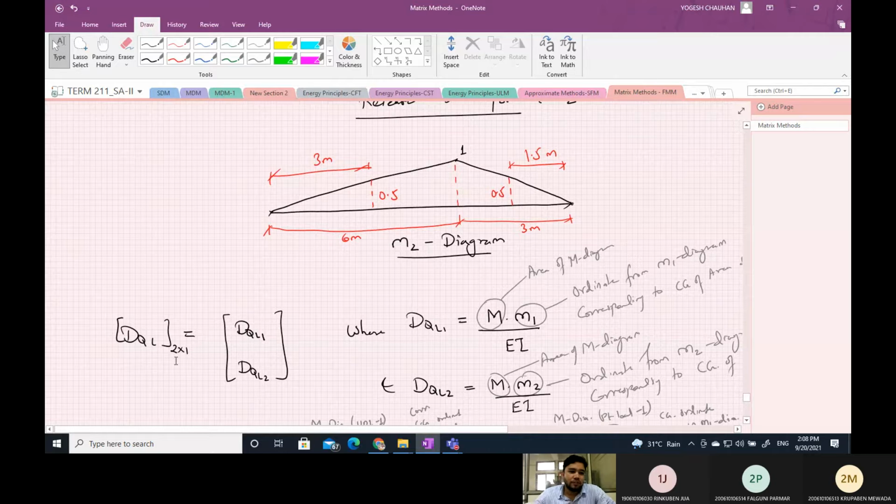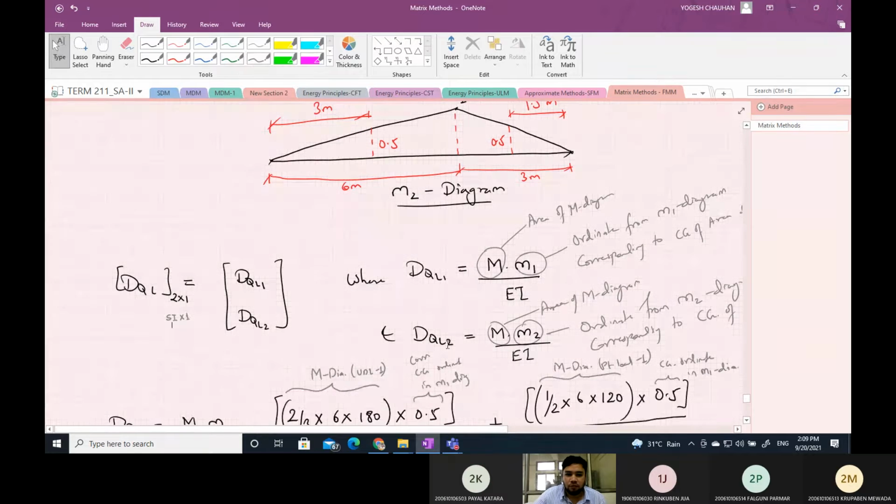Now your DQL matrix will have two elements, DQL1 and DQL2. It will be a 2 by 1 matrix, that is SI by 1, a column matrix with rows equal to the value of SI. DQL1 is equal to the integral of capital M m1 by EI, which we discussed in the theory class, and DQL2 is the integral of capital M m2 by EI.